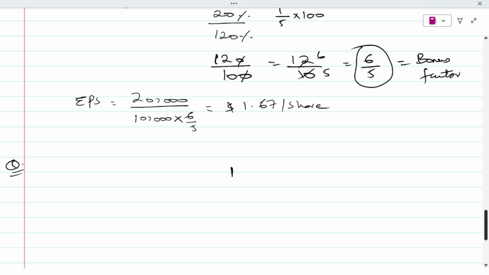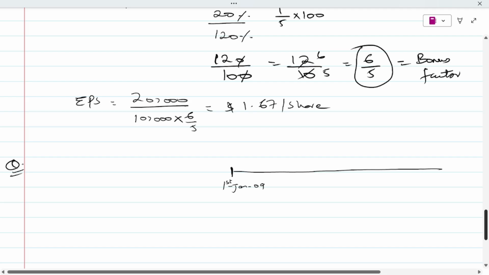So the year is from 1st January 2009 to 31st December 2009. And it is on 1st November that you are told by the question that the company has made a 2 for 5 bonus issue.